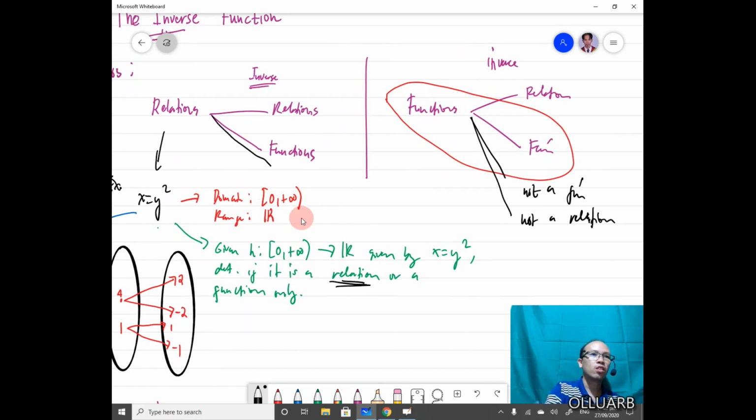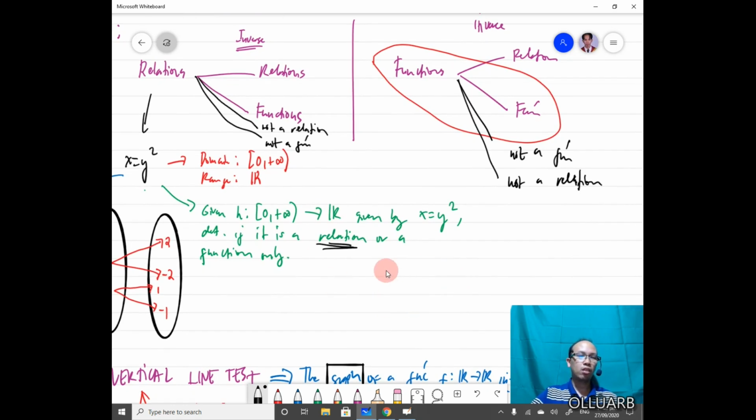Same is true for this scenario. Okay, you can have not a relation, not a function. Okay, you can find a problem like that. But we have to be careful how the structure of the question is being stated.